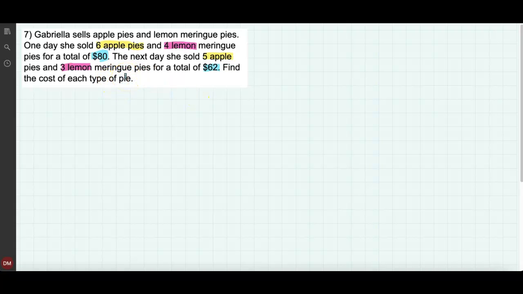Well, first of all, we want to set out what our variables are. What are we trying to find? We're trying to find the cost of each, so the cost of the apple pies. Let's make our let statements. Let x, no, x is not a great one.